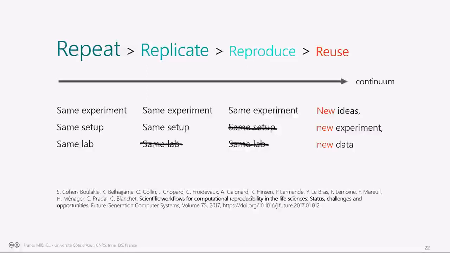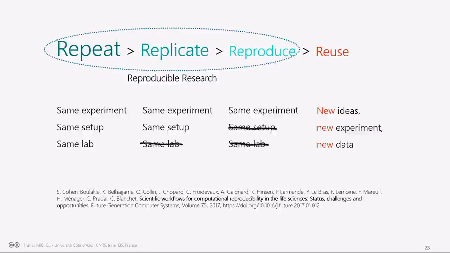Now, there is no strict boundary between those four terms. It's more a continuum, and sometimes it can be pretty hard to know whether you are repeating or replicating, or whether you replicate or reproduce. It's not always so clear, but this gives you an idea of how things progress in terms of complexity. In the context of open science, when you hear the term reproducibility, that basically refers to those three terms without clear differences between them.